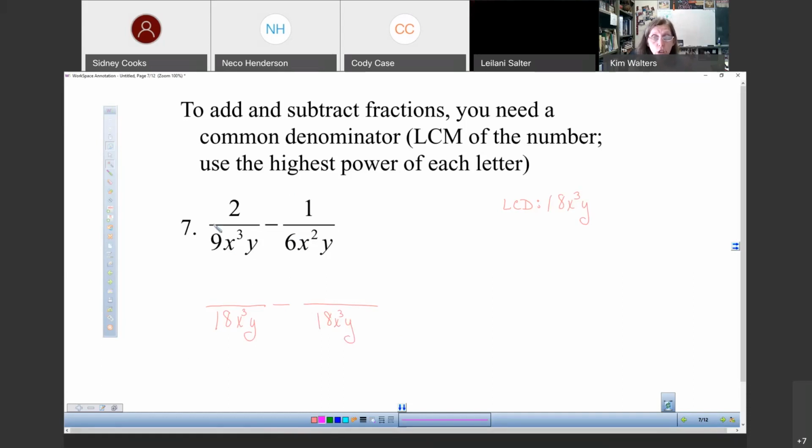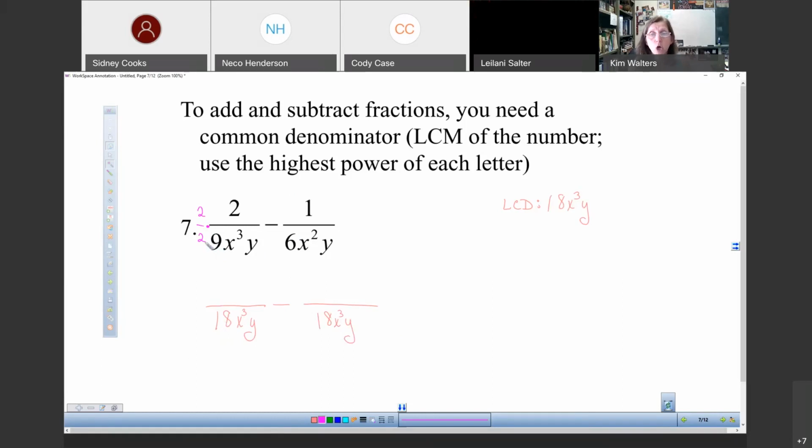So my question to you is, what do I multiply by 9 to get 18? Somebody help me out. What do I multiply by 9 to get 18? 2. Yep. So I do 2 times the denominator. That means I have to do 2 times the numerator.